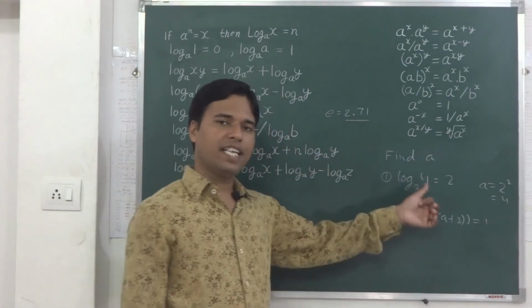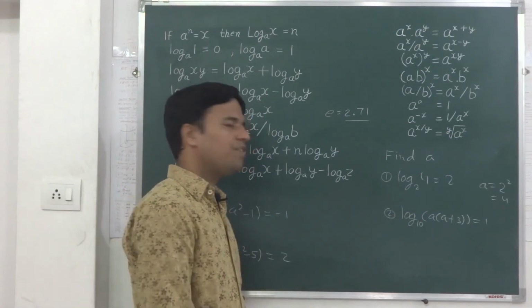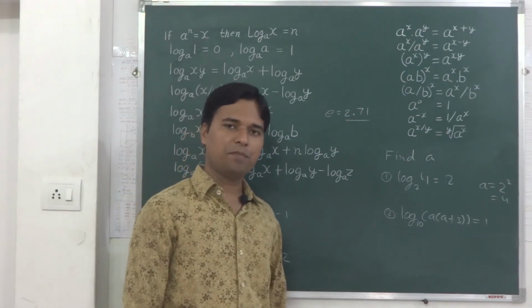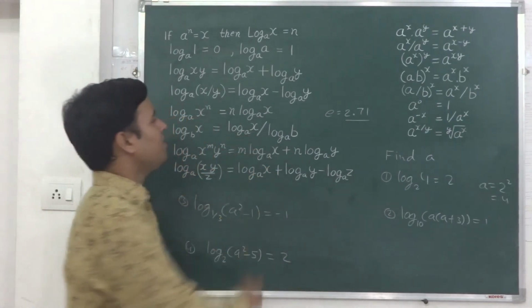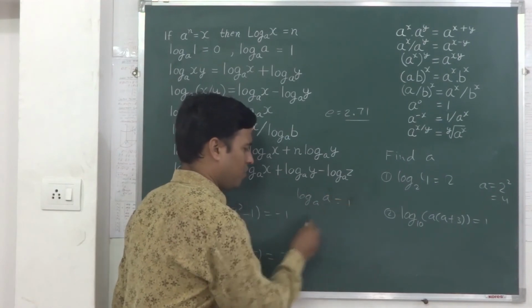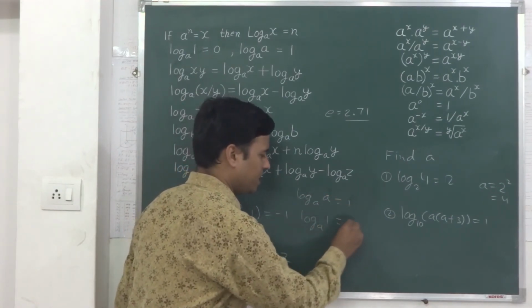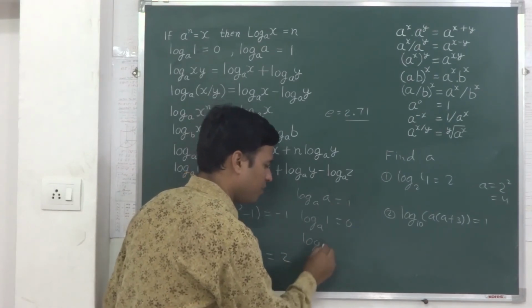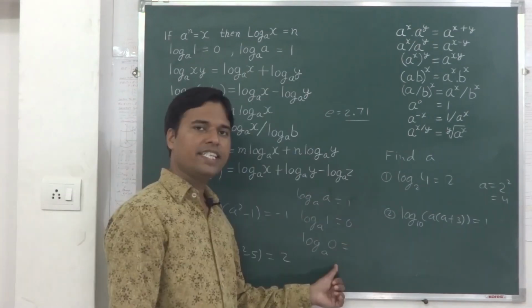You can check this answer with the method which we have used to solve in our previous problems. Dear students, we have learnt that log base a of a is equal to 1. We have learnt log base a of 1 is equal to 0. Then what would be the value of log base a of 0?